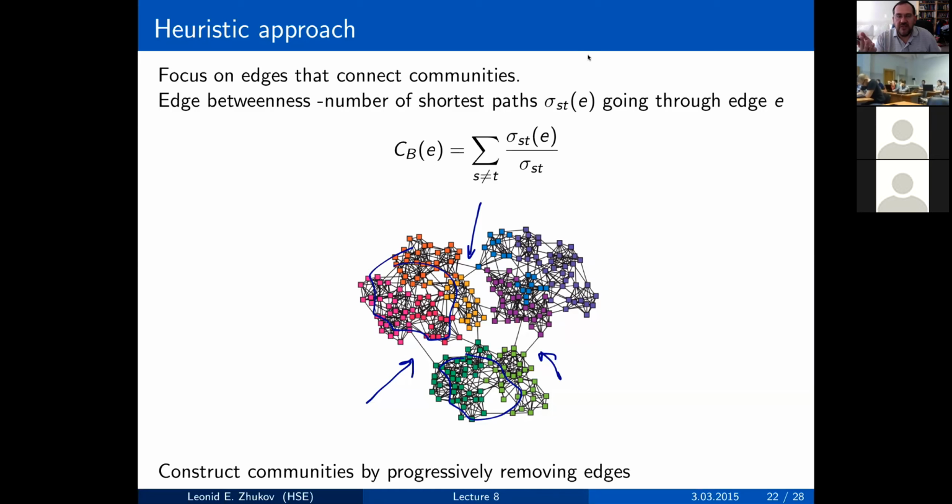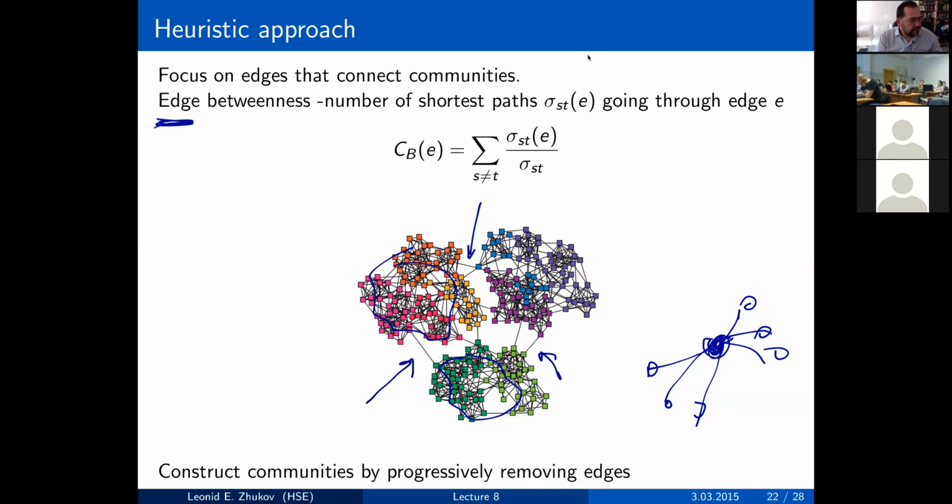And there was one centrality metric for the node that is very similar. So we talked about betweenness centrality, right? And betweenness centrality was defined, for the node, as the total number of shortest paths that go through this node. Well, nothing prevents you from extending this definition to edges.